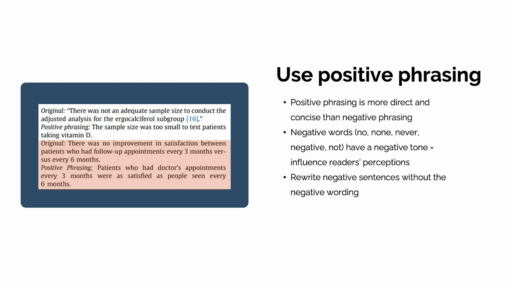In that sentence, no improvement casts a negative shadow on the findings. However, if rephrased without the negative language, the message is the same, but it sounds more positive. Patients who had doctor's appointments every 3 months were as satisfied as people seen every 6 months. The difference in how it sounds now is interesting, isn't it?